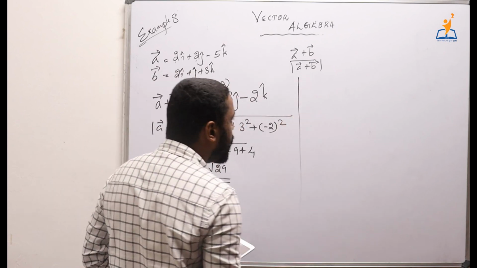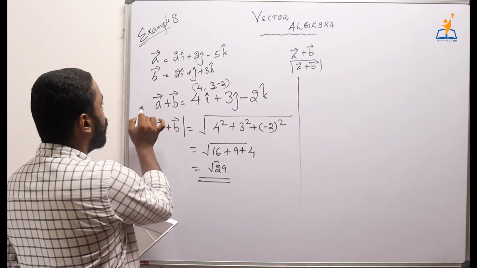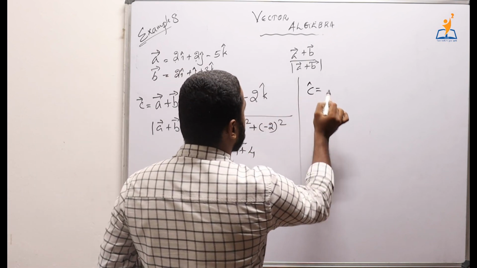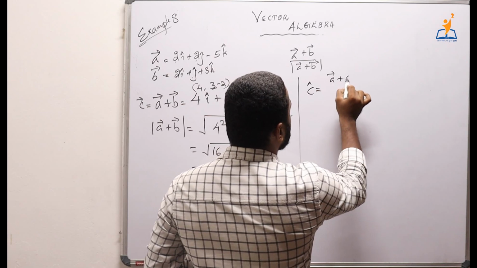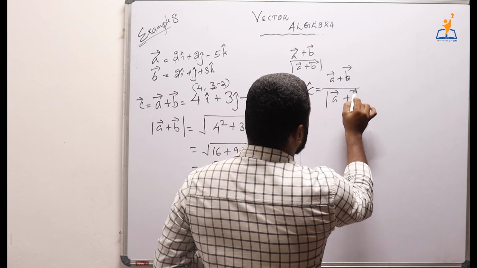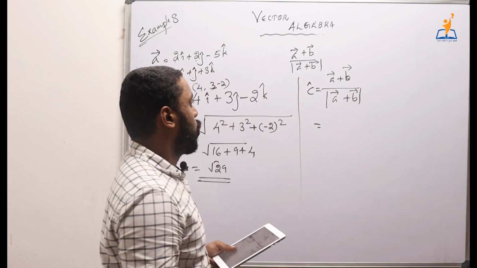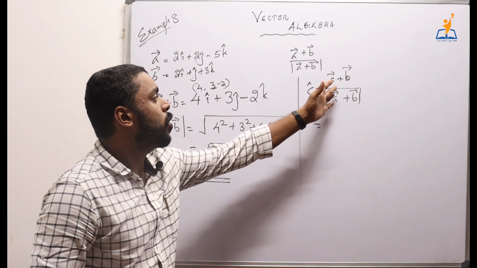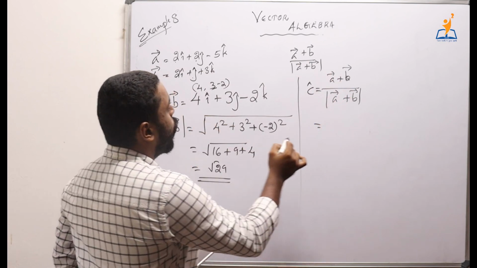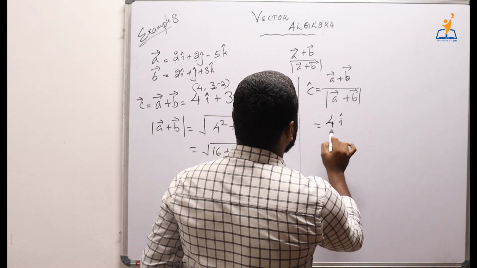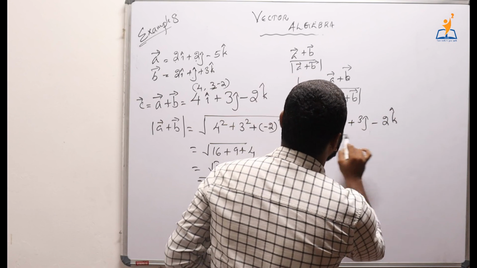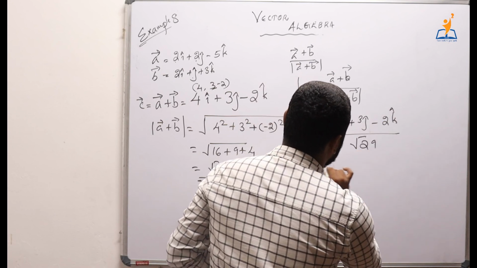So the unit vector in the direction of this, if we name this vector as C, we have C cap equal to vector A plus vector B divided by modulus of vector A plus vector B, which is equal to 4 i cap plus 3 j cap minus 2 k cap divided by root 29.